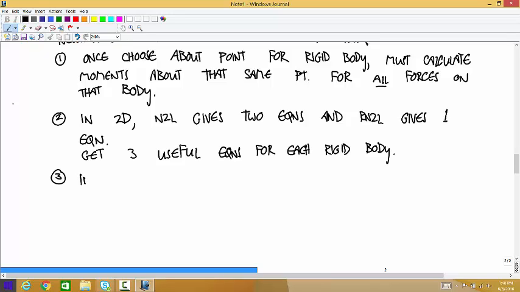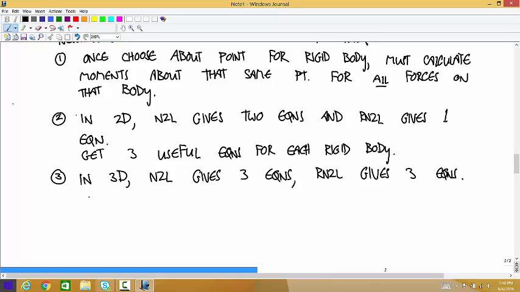In 3D, Newton's second law gives 3 useful equations. Rotational Newton's second law also gives 3 equations. So you get 6 useful equations from Newton's laws for each rigid body.